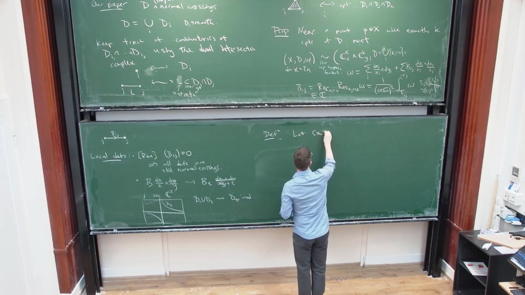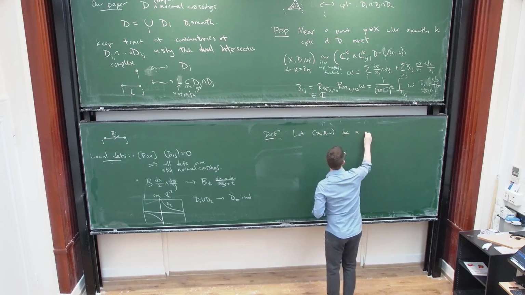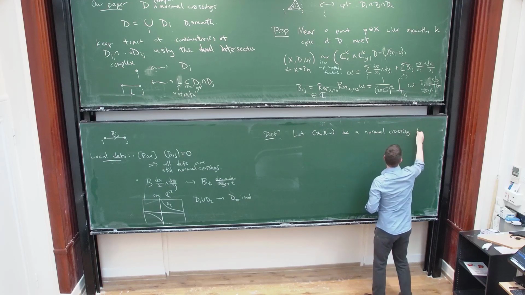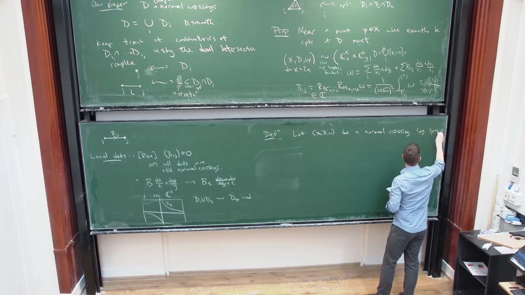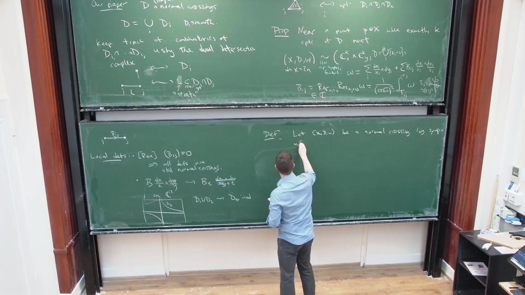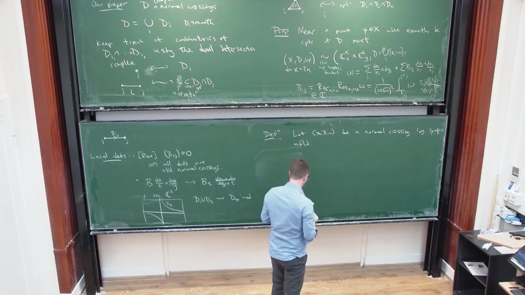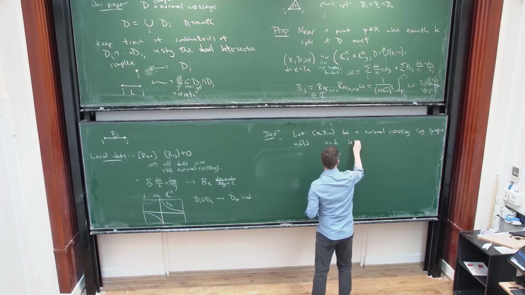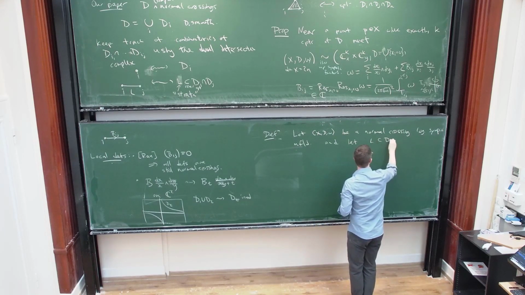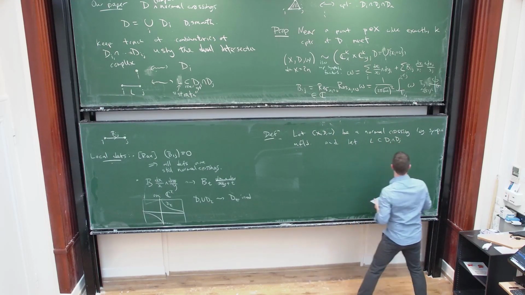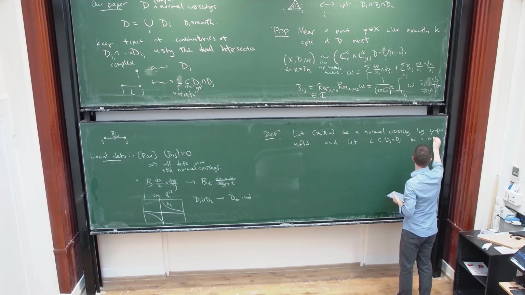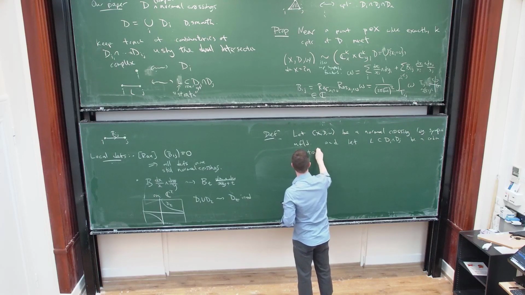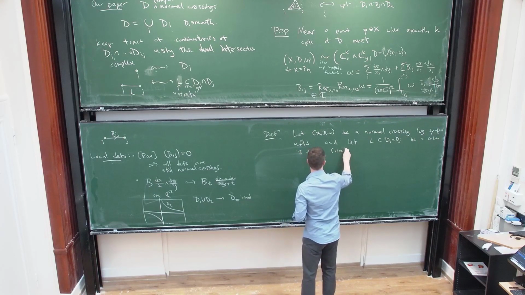Let X, D, omega be a normal crossings log symplectic manifold, and let L be a codimension 2 stratum. So it's an irreducible component.